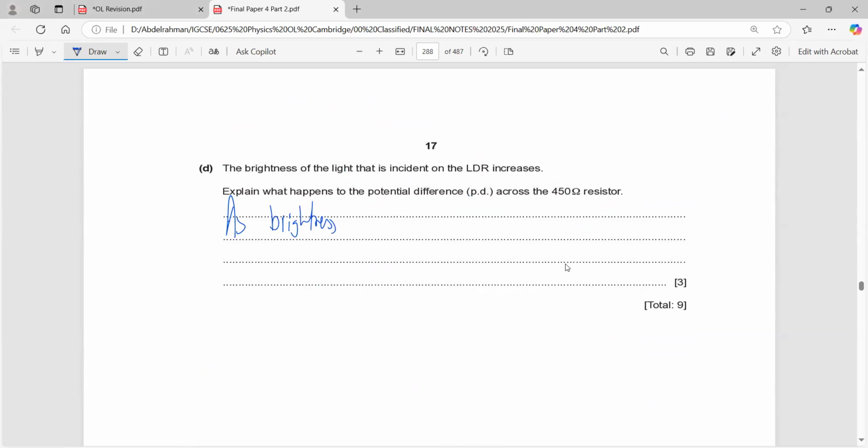As brightness increases, the resistance of the LDR decreases. Therefore the voltage across it also decreases, but the potential difference of the 800 ohm resistor increases.